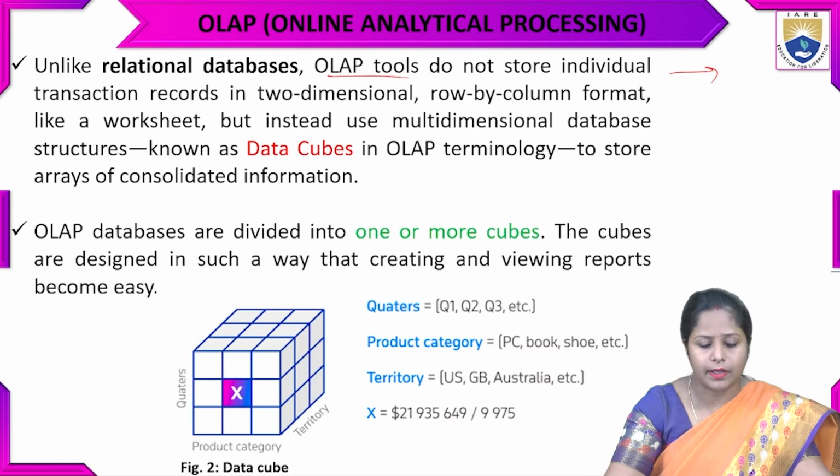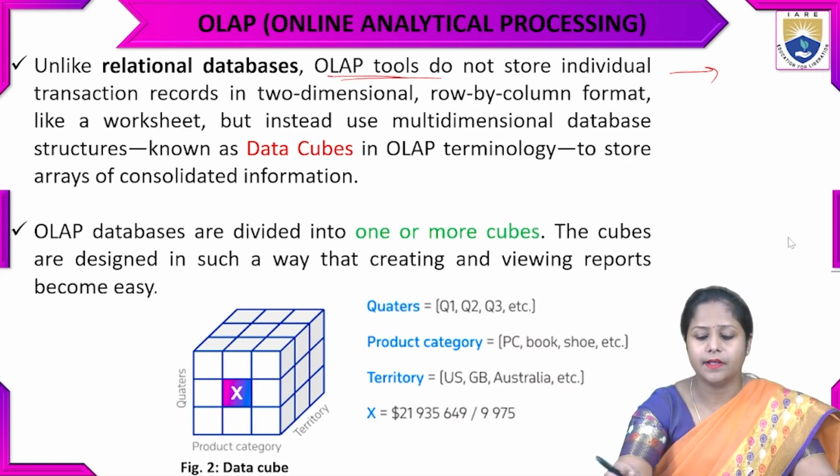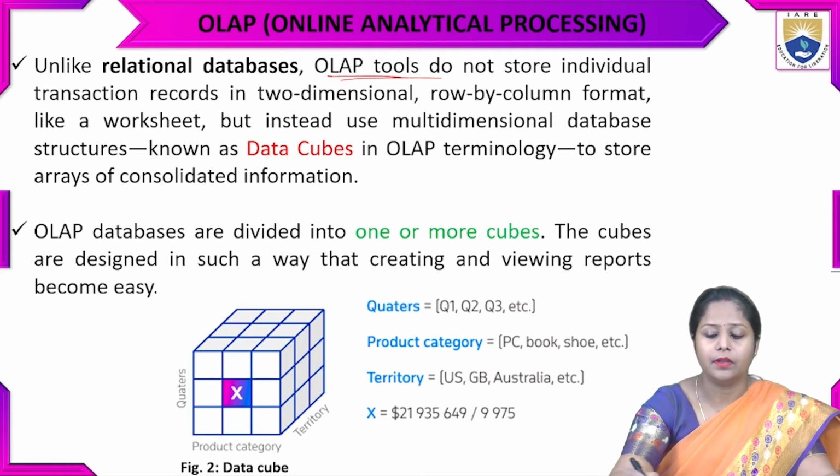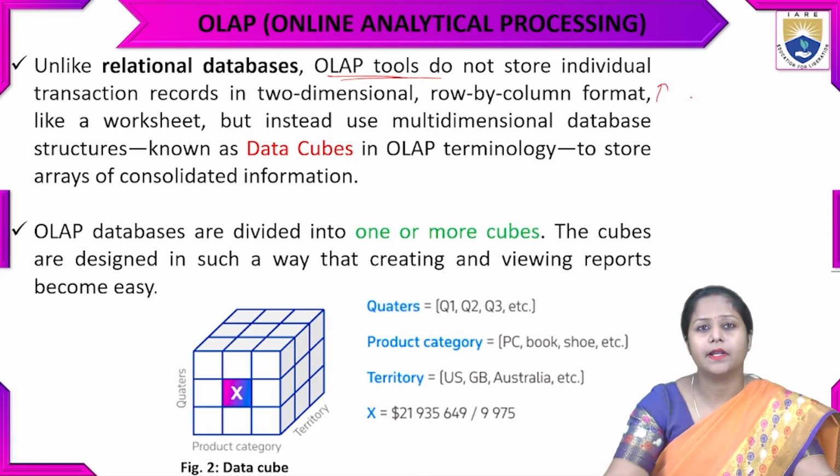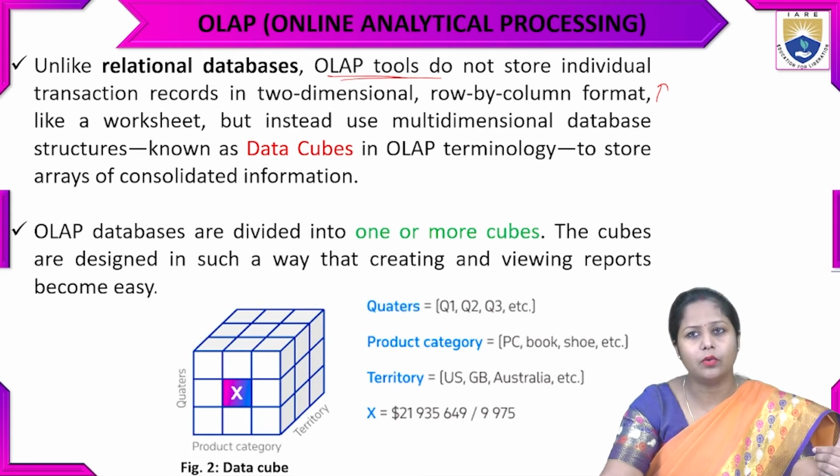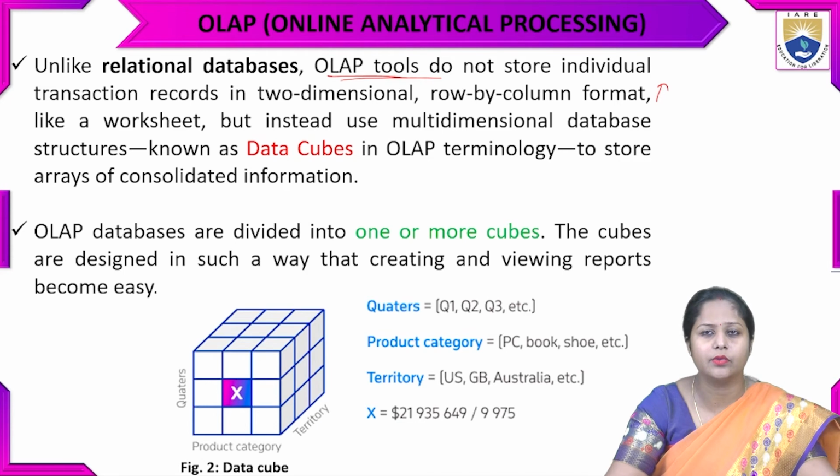Here, OLAP tools do not store transactional records in a 2D database in row by column format. That is also the example of a worksheet. But OLAP uses a multi-dimensional database structure.